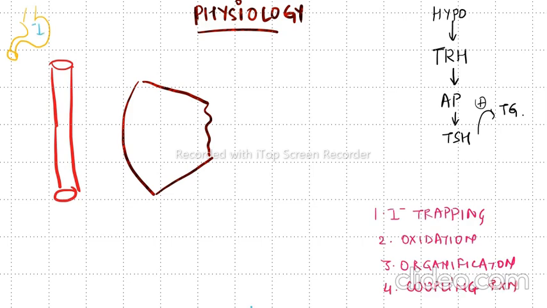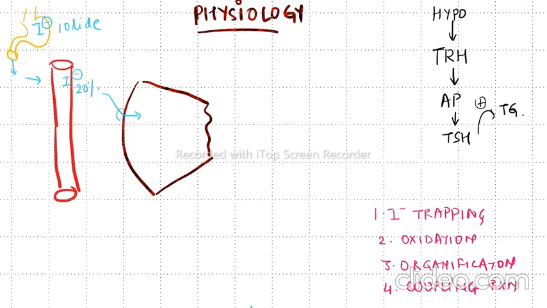We eat iodine and we get this iodide from the GIT, which will enter the circulation, and around 20% of it will enter the thyroid follicle. This is the thyroid follicle. This is the luminal membrane. This is the lateral, and this is the basal side.